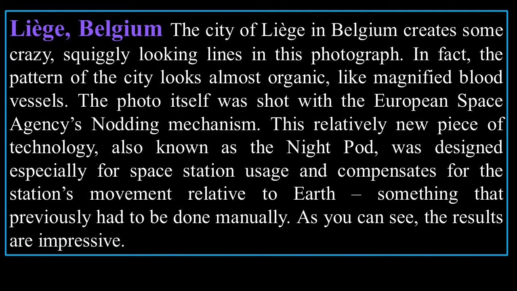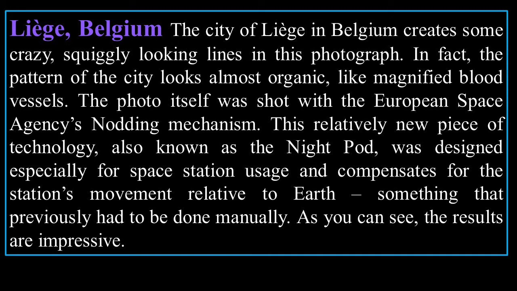Liège, Belgium. The city of Liège in Belgium creates some crazy, squiggly looking lines in this photograph. In fact, the pattern of the city looks almost organic, like magnified blood vessels. The photograph itself was shot with the European Space Agency's nodding mechanism.